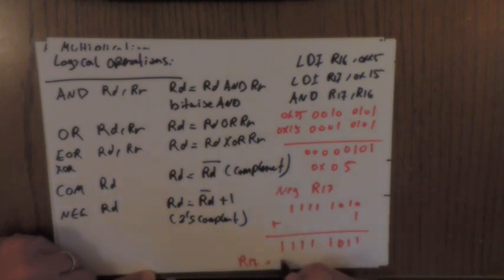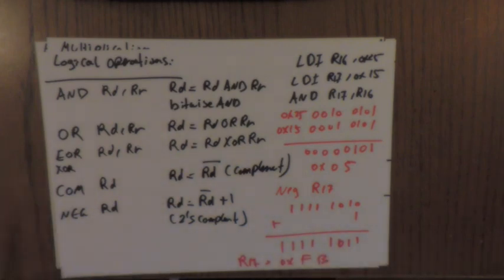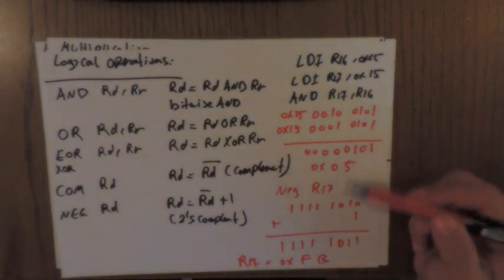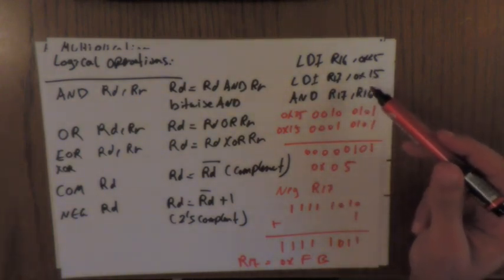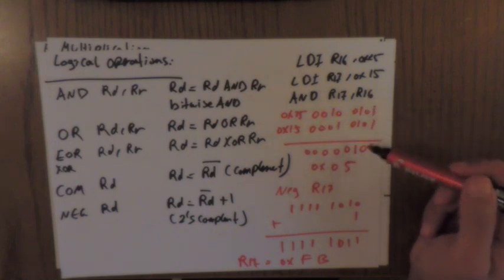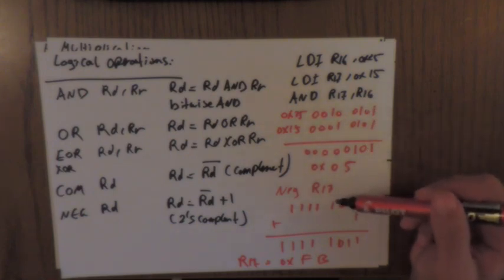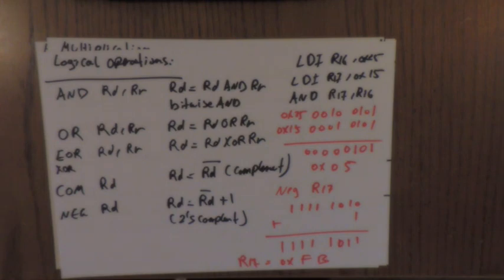R17 will be equal to 0xFB. Okay, so AND, OR, and XOR will work bit by bit, as we explained, and the complement will just flip the bits.